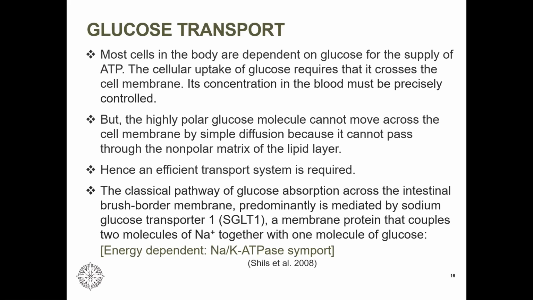Why? Because in exchange for sodium, glucose is transported. So just highlight this in your notes. These are the kind of questions that might be asked in the multiple choice questions in the exam. And I like to give such hints during my lectures.